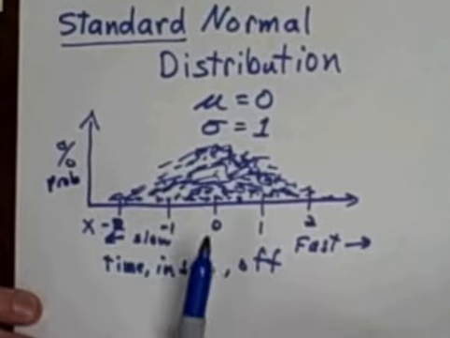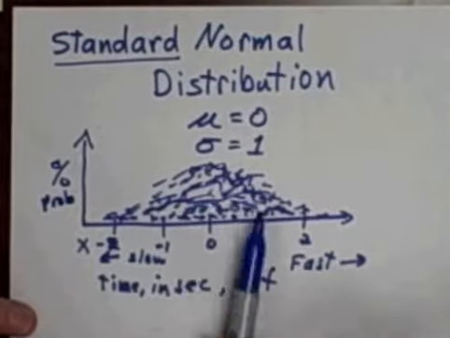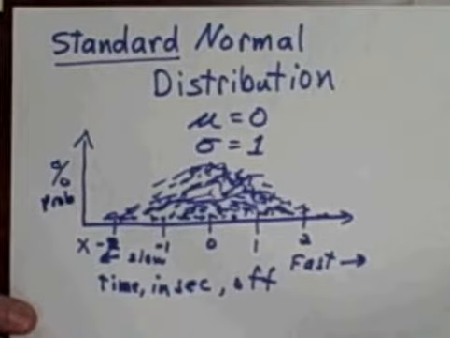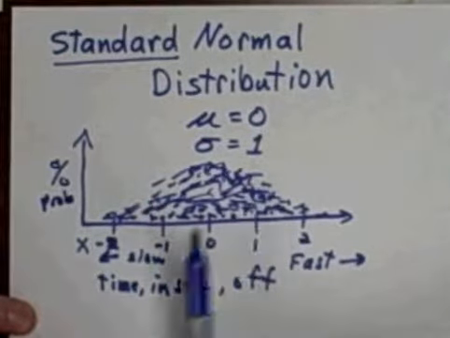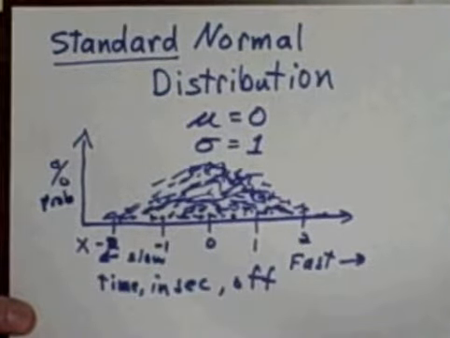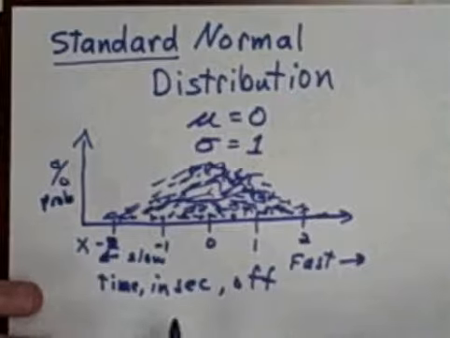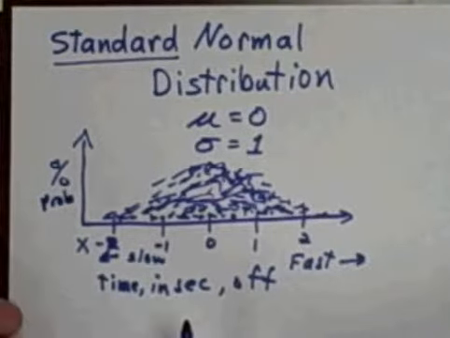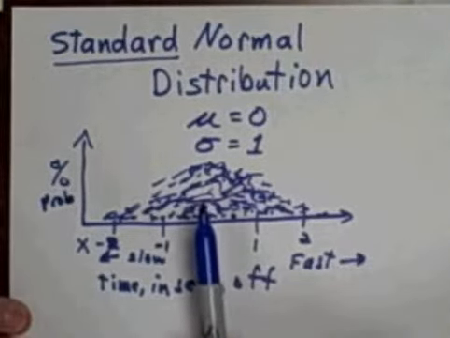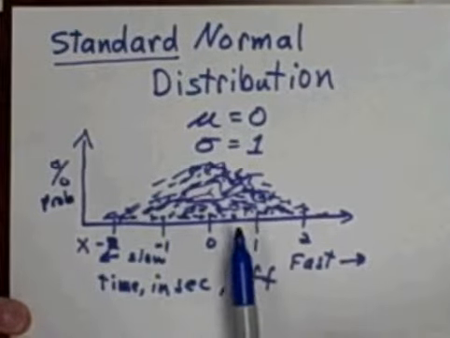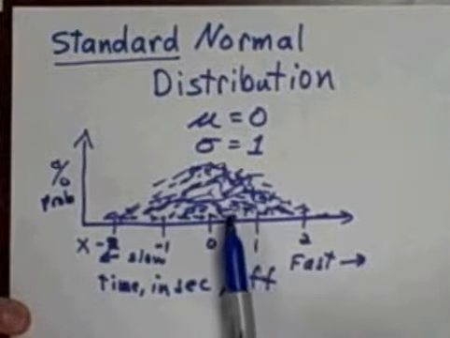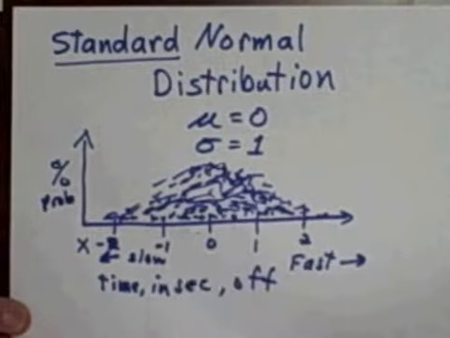We can say, if I randomly pick one of the clocks out of this pile, what's the probability that it'll be so much faster, so much slow? That's one way we can state the probability. Another way we can state it is, what percent of all the clocks are this much fast or this much slow?